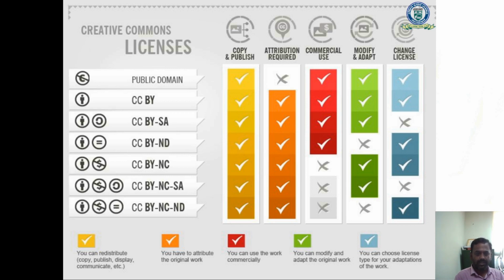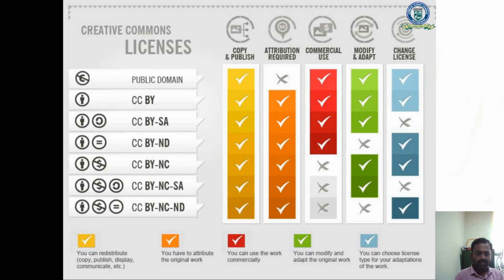Whereas in case of CC BY ND non-derivative, you can copy, publish, attribution should be required, it can be used commercially, but it should not be modified or adapted. The license can be changed in case of non-derivative attribution Creative Commons.